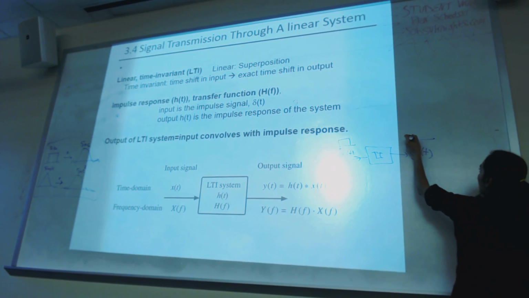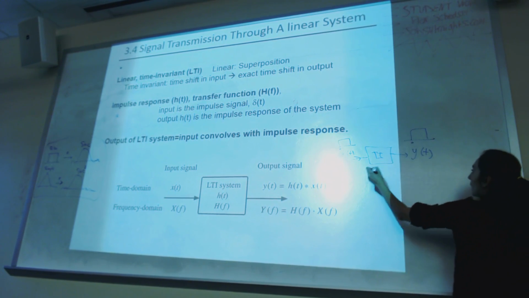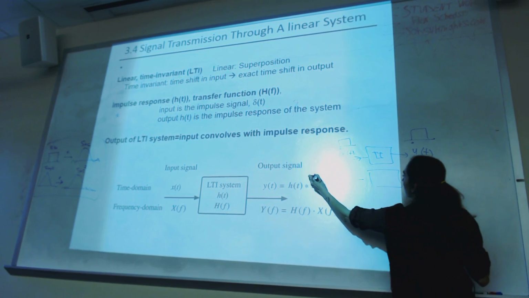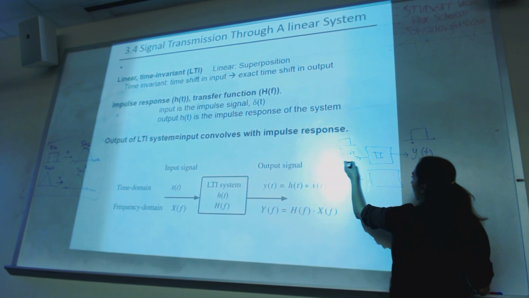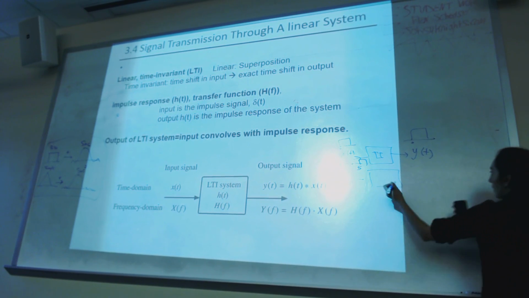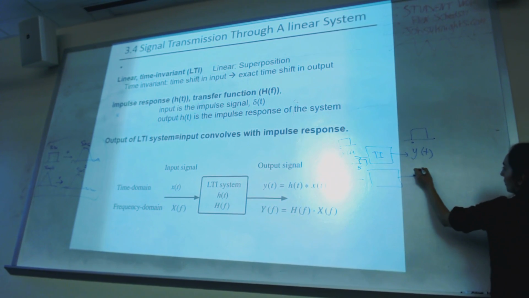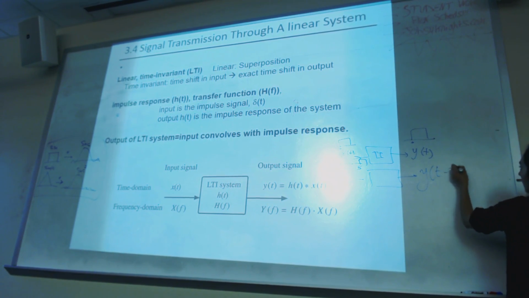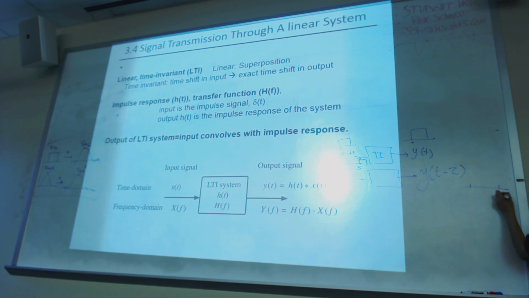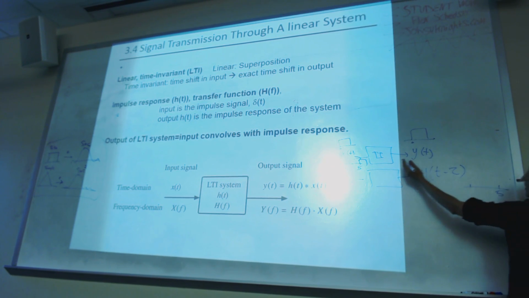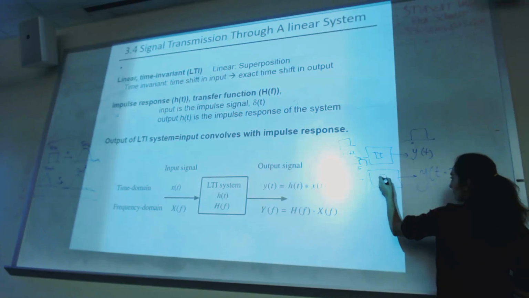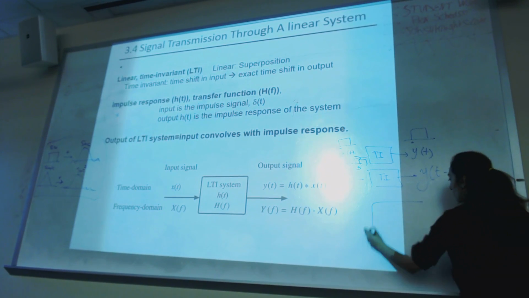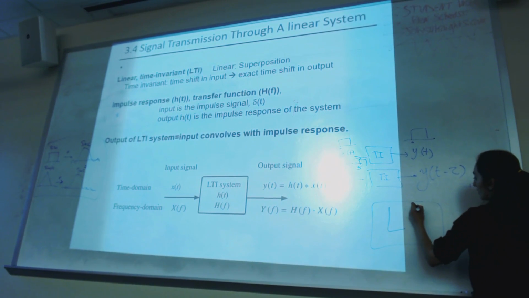If I shift the input to x of t minus tau, say starting at 5 instead of 0, the output is shifted by exactly the same amount, t minus tau. The same shift in the input is the same shift in the output. This is where time invariance comes from. Put them together, you get LTI.